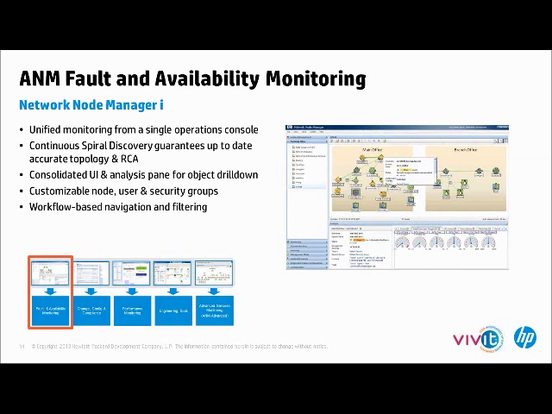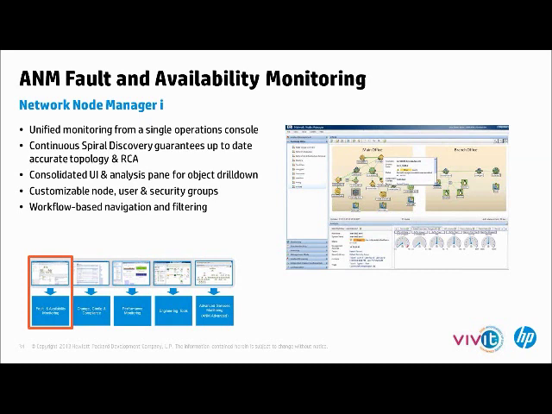So Automated Network Management is really made up of a multitude of applications. We'll briefly talk about some of these today, but the key is really Network Node Manager. Network Node Manager is really at the heart of our A&M solution, Automated Network Management. And it really is a single, unified console that projects to the user the real-time fault, availability, performance detail, and configuration data for every network element and configuration item that Network Node Manager is managing.